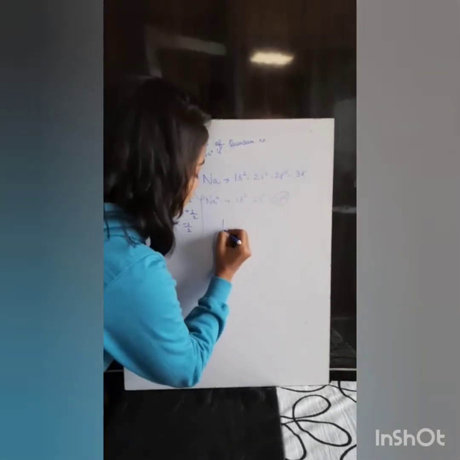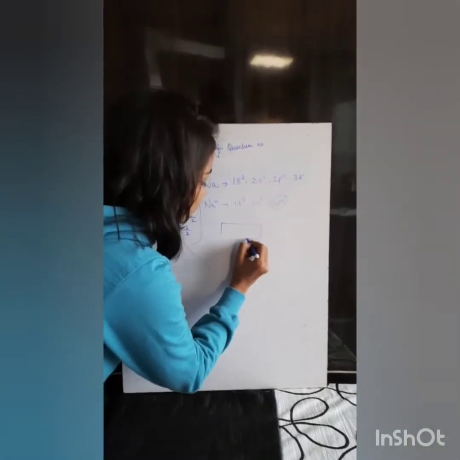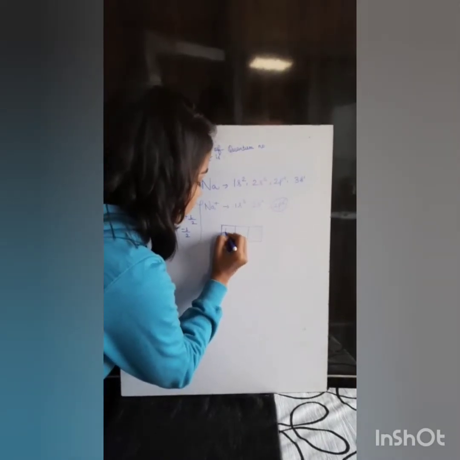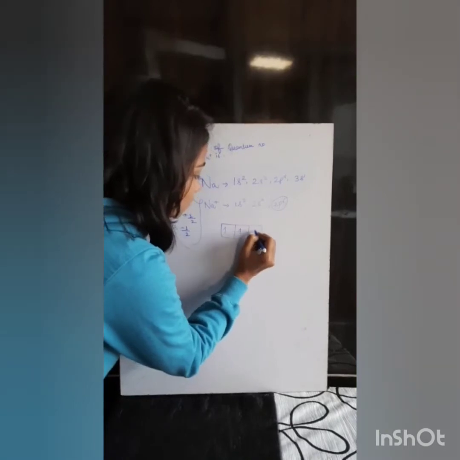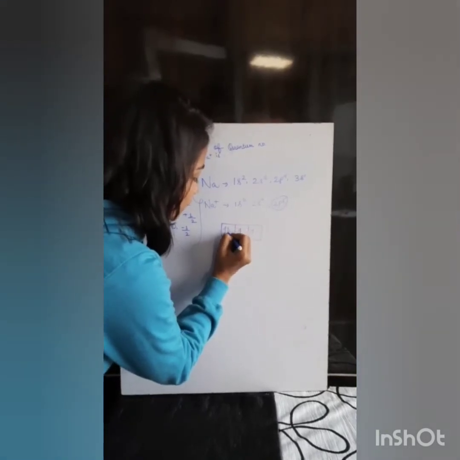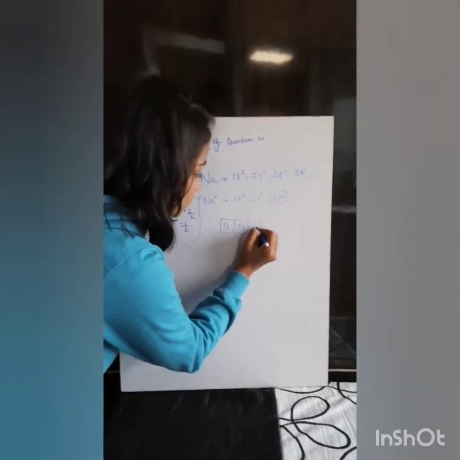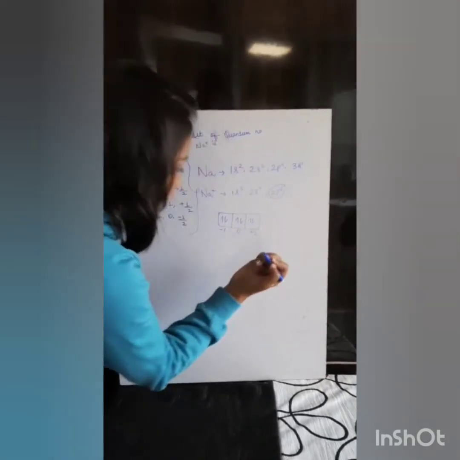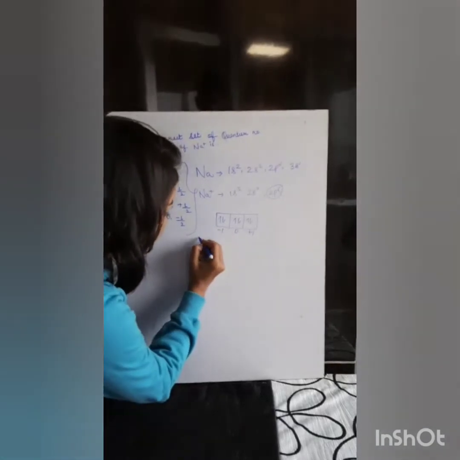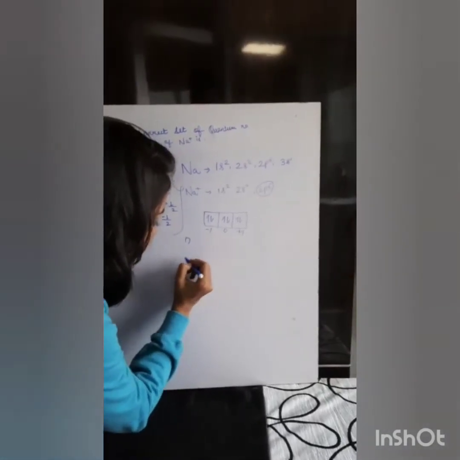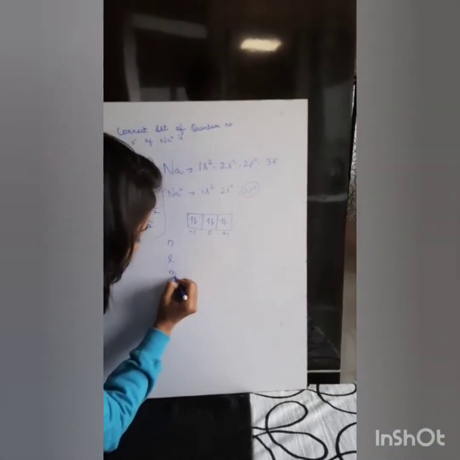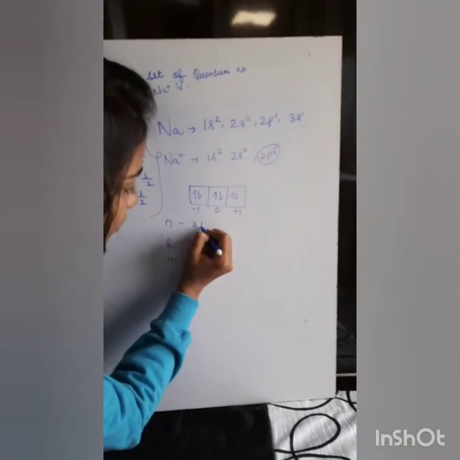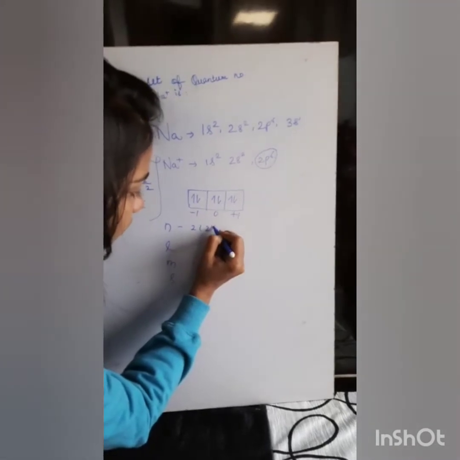After that we will make the subshell like this. Firstly it is half filled. Later on we will pair them up like this. After that we will calculate the values of N, L, M and S. N is equal to 2 because it is lying in the second shell.